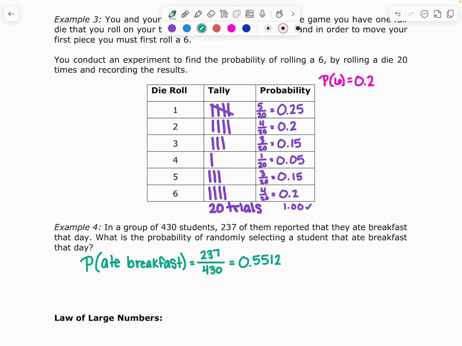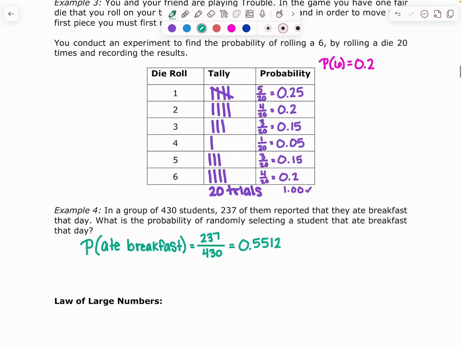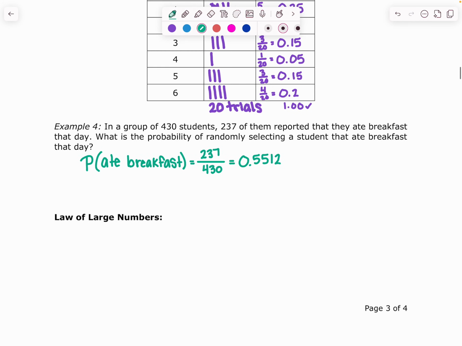And we have a few numbers in here that were close to that, 3 and 5, but then we have a couple of numbers that were really far off of that, 1 and 4. So there is a principle in probability called the law of large numbers that has an explanation for this.